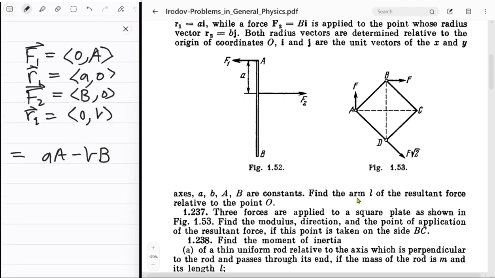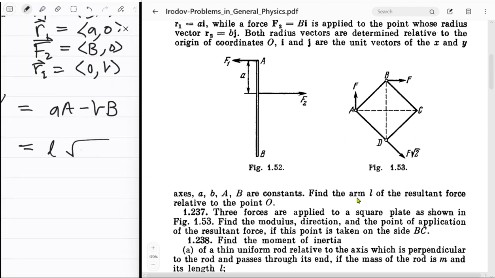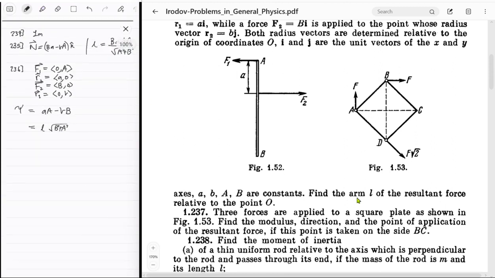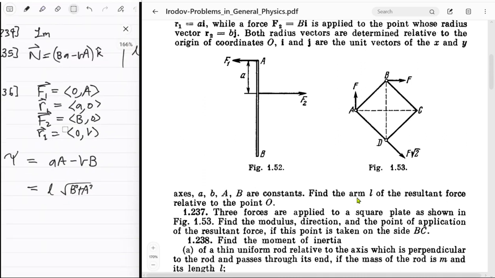The resultant force is B comma A. So this is equal to L times the square root of B squared plus A squared. There we go, we got the arm length. Same thing as the last time? No, last time you got this, it's opposite of that. Fine, this should work out. What do you want to find once again? Arm L. That's all you want to find.